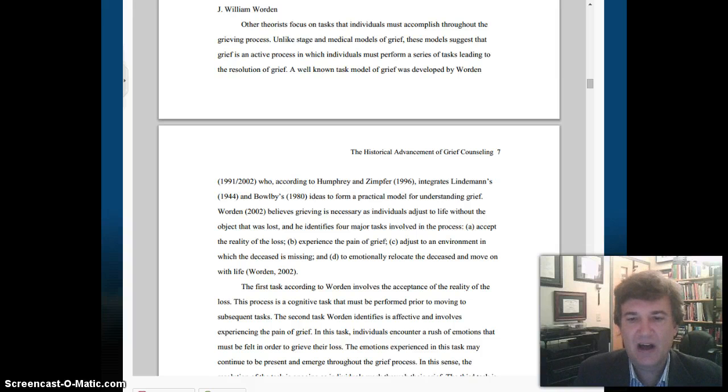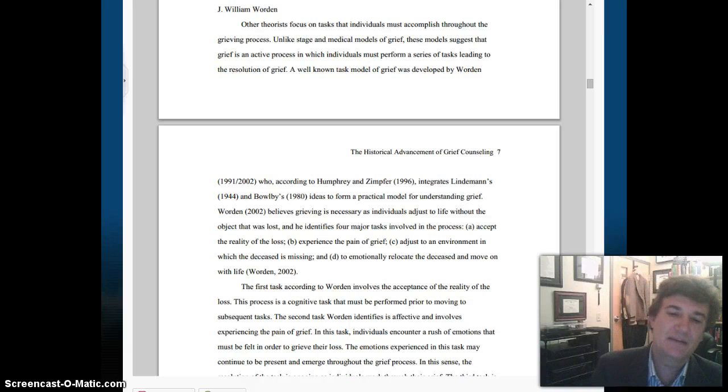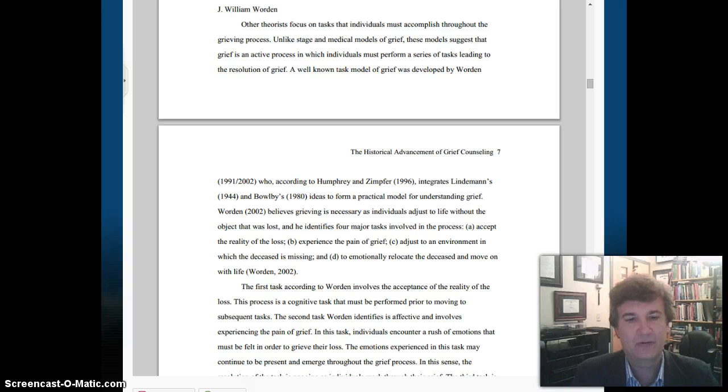He integrates a lot from the earlier theorists. Basically, he took all of the things that he believed were appropriate from the earlier theorists and integrated them into a task model. And a task model really means that we are active participants in the grieving process. And I do believe that is true.